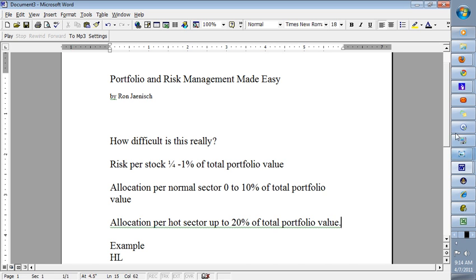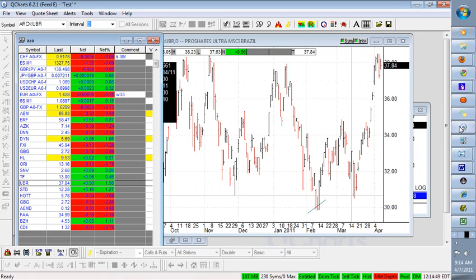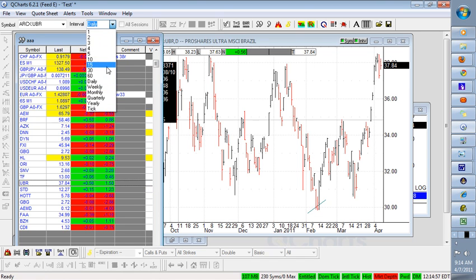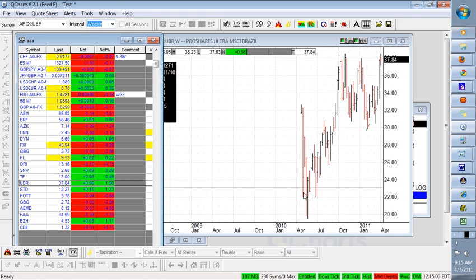So right now, what's hot, for example? Well, let's take a look. What's hot right now, and has been for quite some time, are the, what do we call those, emerging markets.